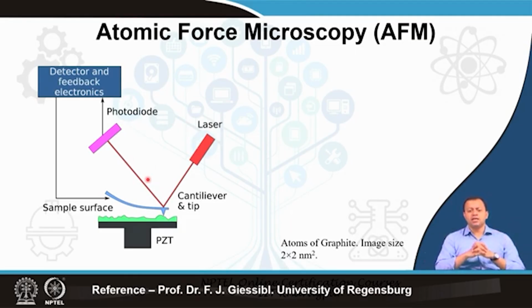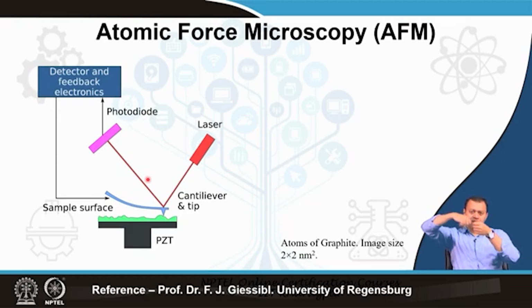So, what is atomic force microscopy? Remember, as a child you must have put a coin under a paper and then rubbed the paper surface with a pencil. The impression of the coin gets embedded into the paper, right?